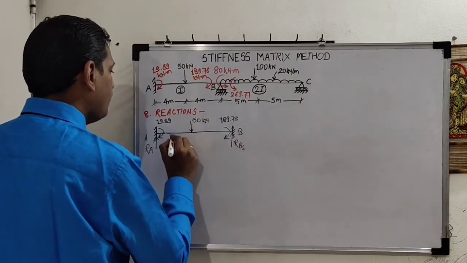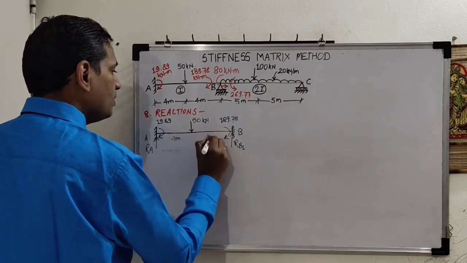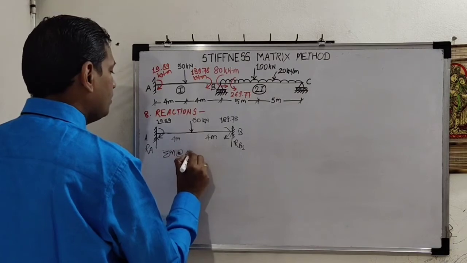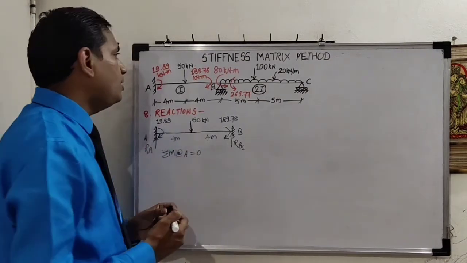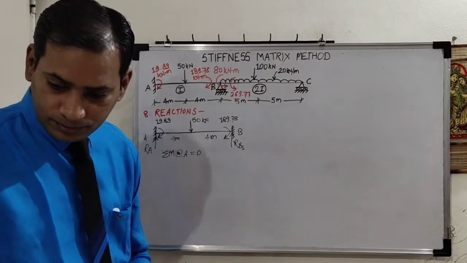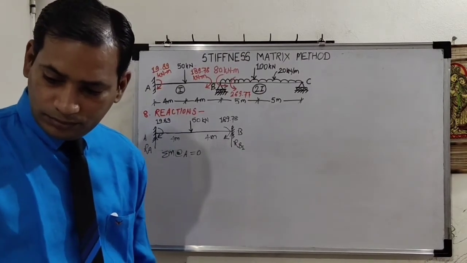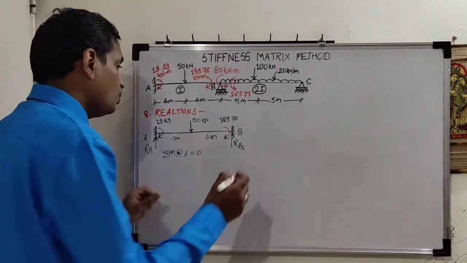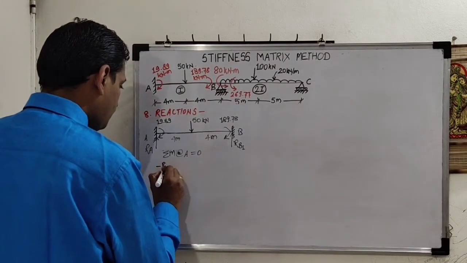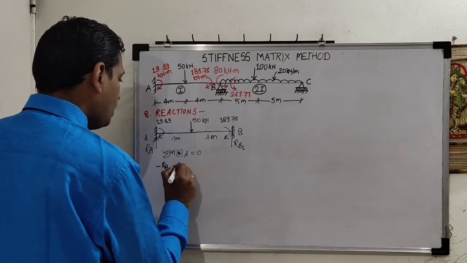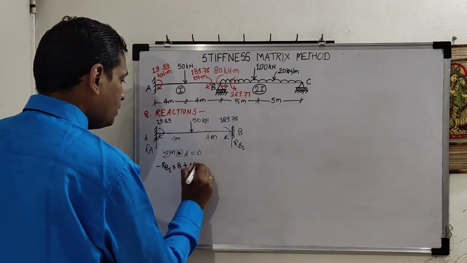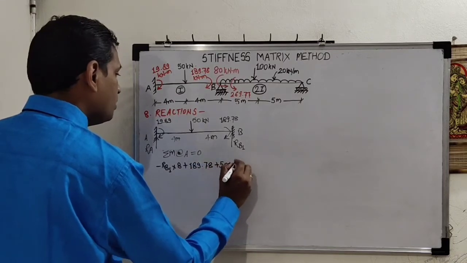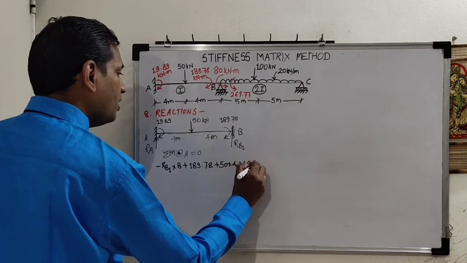So how to get these values of reactions? Simple. Apply conditions of equilibrium one by one. So summation of moment about end A is equal to 0. So minus RB1 into 8 plus 189.78 plus 50 into 4 plus 19.89.